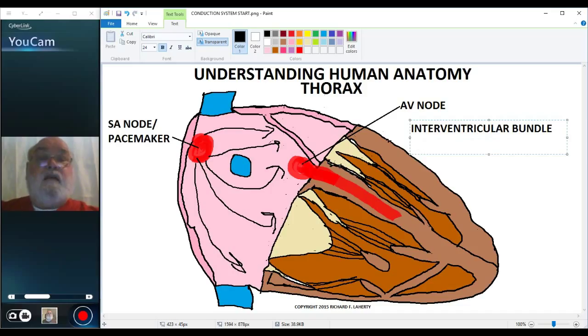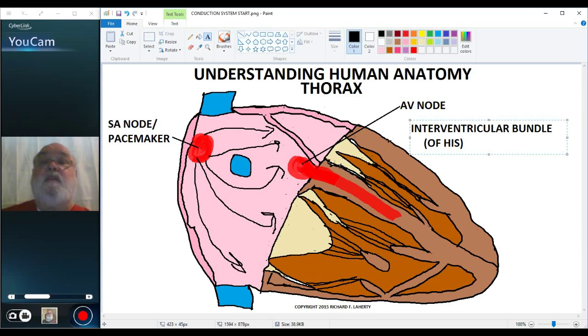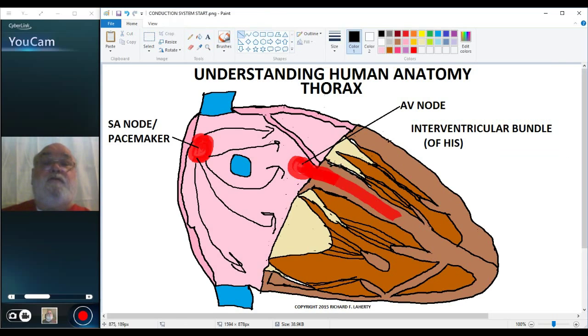And the older name for it is the bundle of His. You may still see that name. The interventricular bundle. And its name is self-explanatory. It's a bundle of modified cardiac muscle cells, cardiac muscle fibers, that is sitting in the interventricular septum and running through the interventricular septum.